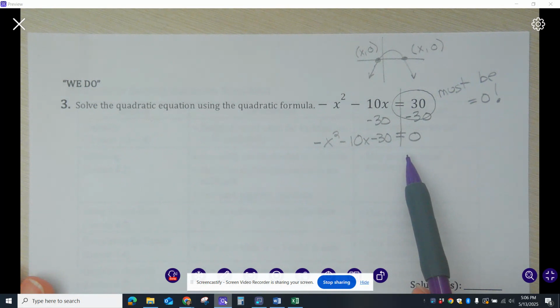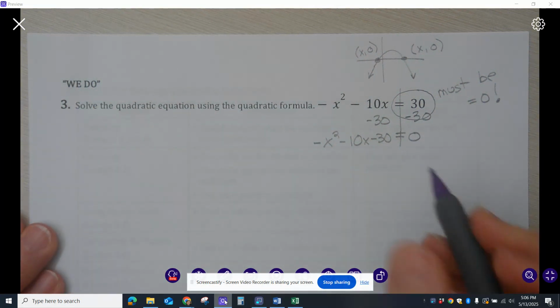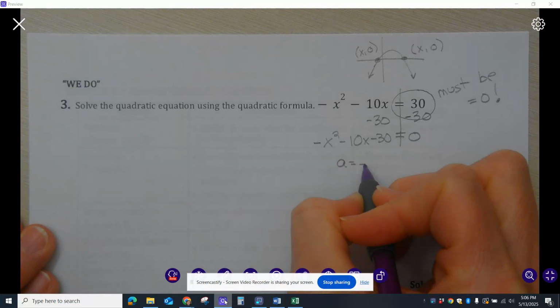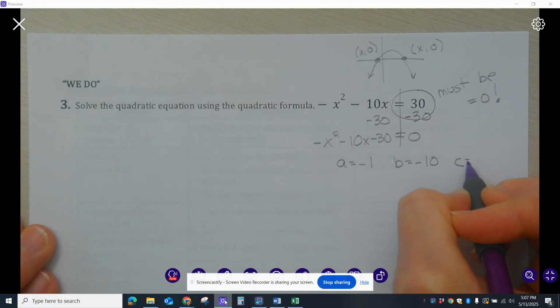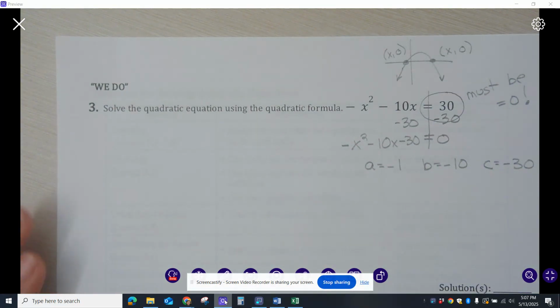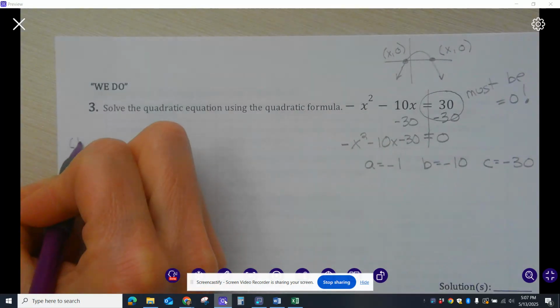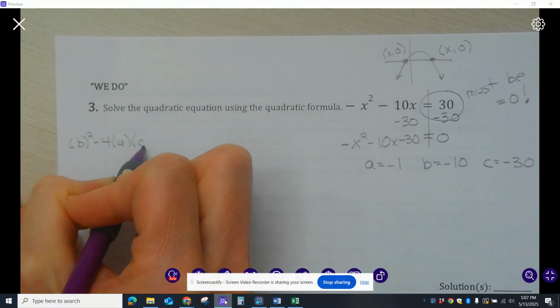Okay, so if your quadratic equation is not equal to 0, that needs to be your first step. Then write your a, b, and c. A is negative 1, b is negative 10, c is negative 30. Okay, what I would like you to do now is to find your discriminant. So again, b squared minus 4ac.